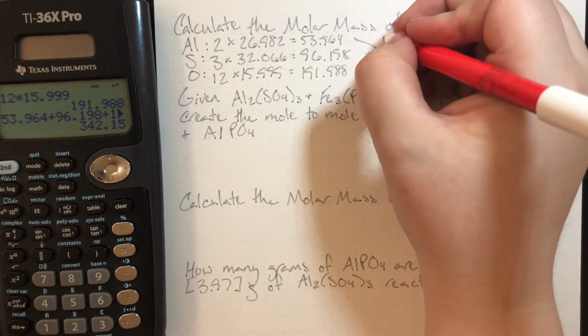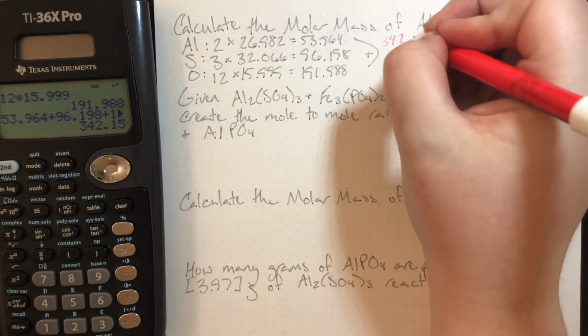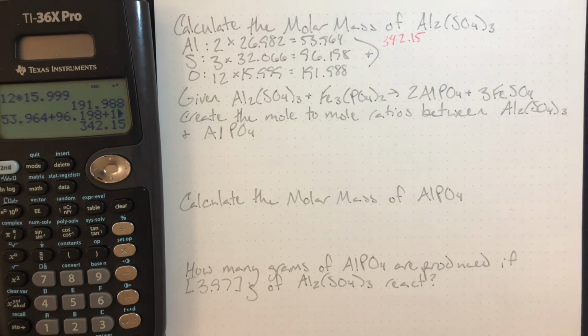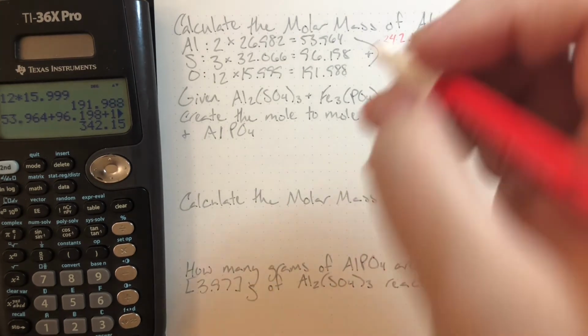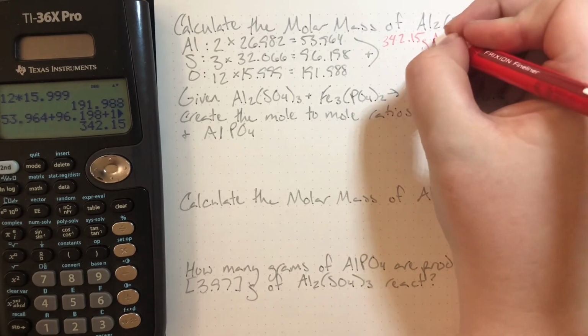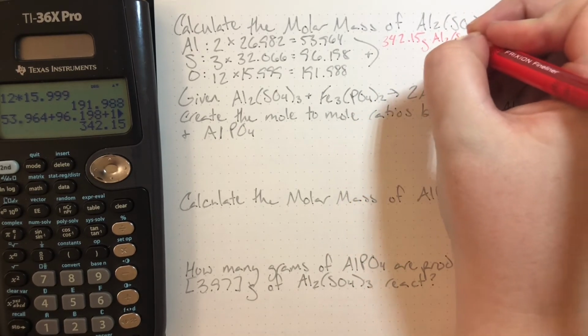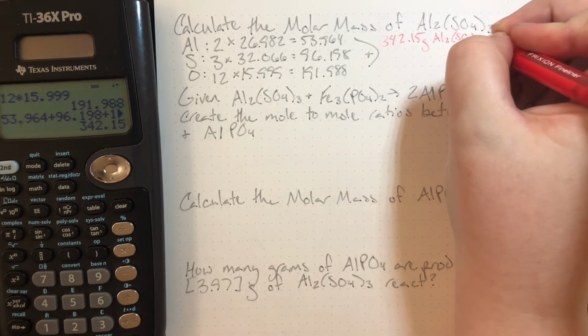When I added those up, I got 342.15. This number needs a unit. The unit for molar mass is grams per mole. I'm going to write it in such a way that it is easily used in a dimensional analysis problem.